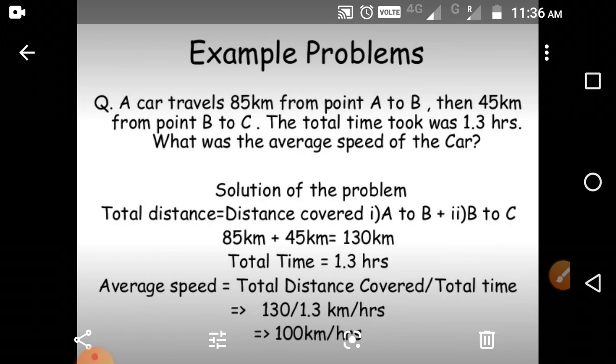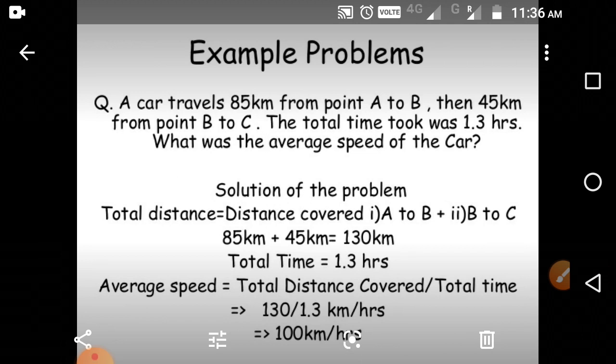Here you have a question. A car travels 85 km from point A to point B, then 45 km from B to C, and the time is given as 1.3 hours. So what is the total distance? The distance from A to B is 85 km and from B to C is 45 km.